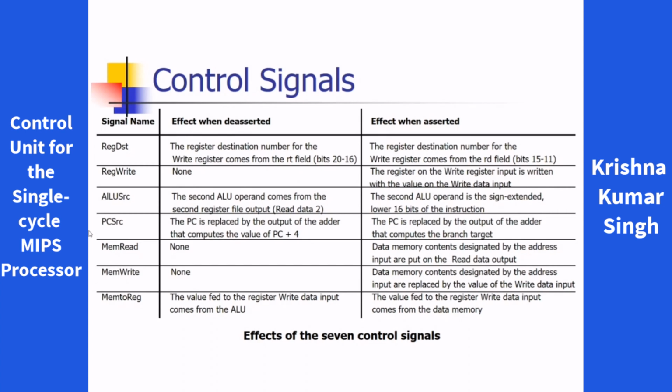MemRead and MemWrite should be 1 if you want to perform the read or write operation from the data memory. And MemtoReg is another multiplexer control signal. It should be 0 when the value fed to the register write data input comes from the ALU, and MemtoReg should be 1 when the value fed to the register write data input comes from the data memory.